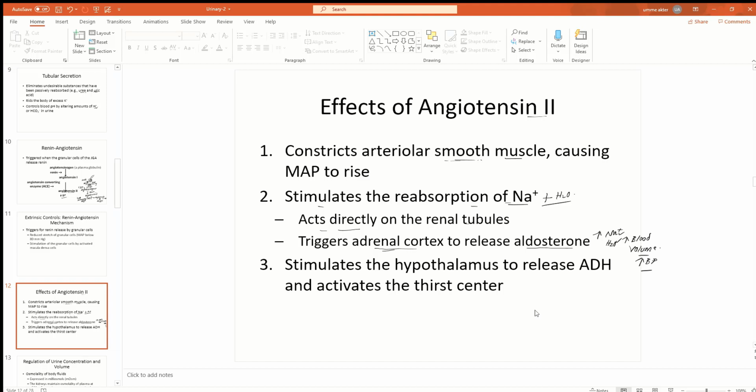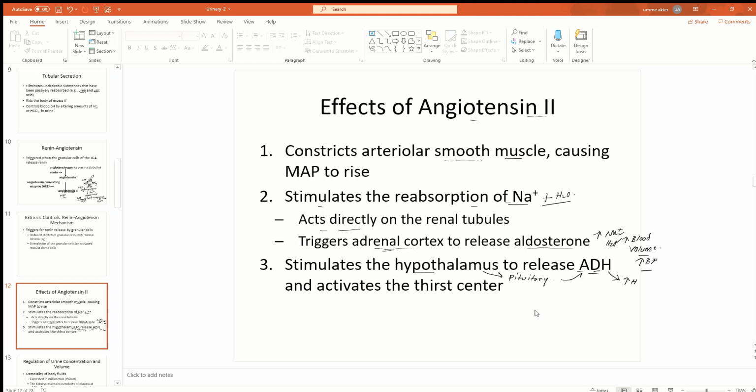Okay. And another way angiotensin II will work is stimulates the hypothalamus to release antidiuretic hormone. So it will tell the hypothalamus to stimulate the pituitary. You know, hypothalamus controls the pituitary, and posterior pituitary will release the antidiuretic hormone, and you remember it works on the collecting duct and causes reabsorption of plenty of water.